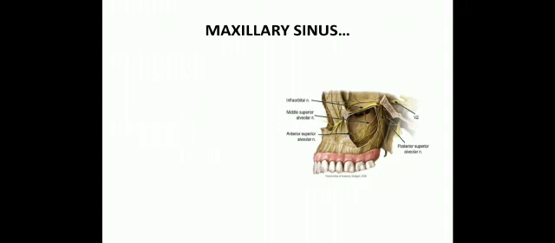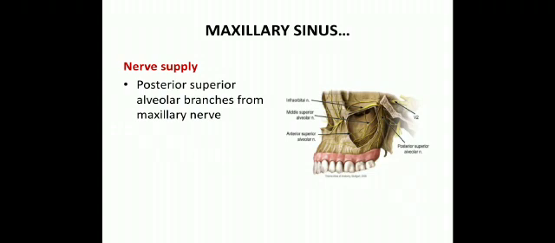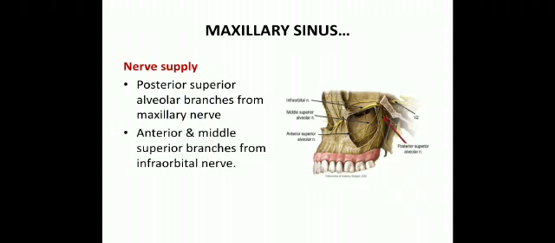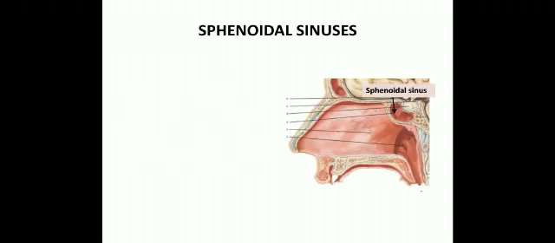The maxillary sinus nerve supply is by posterior superior alveolar branches from the maxillary nerve and the anterior and middle superior alveolar branches from the infraorbital nerve.